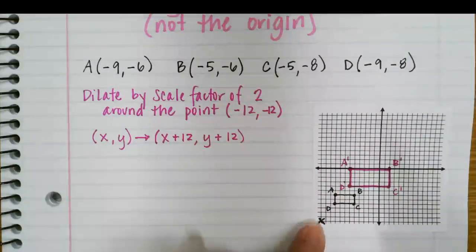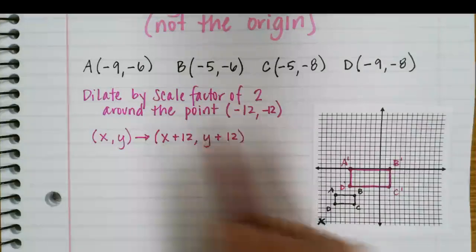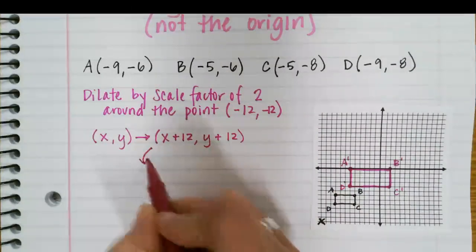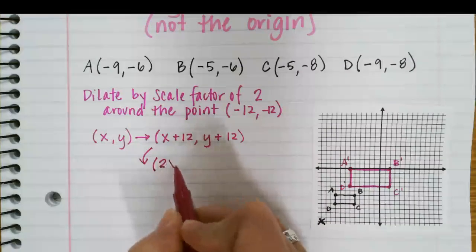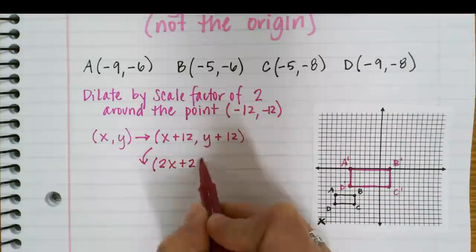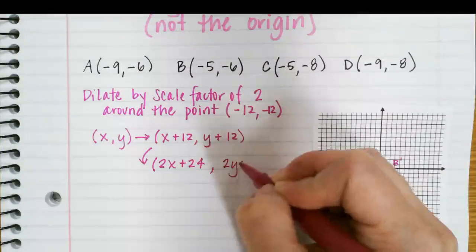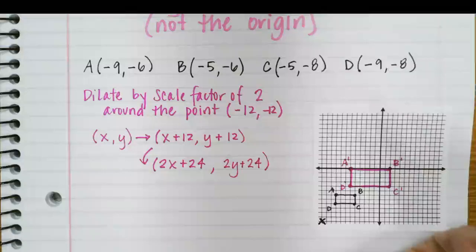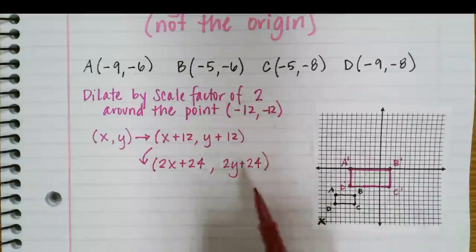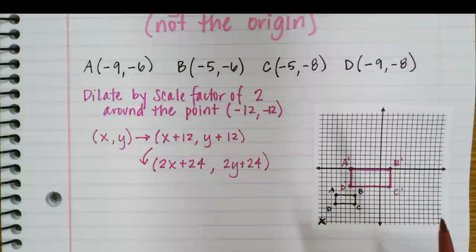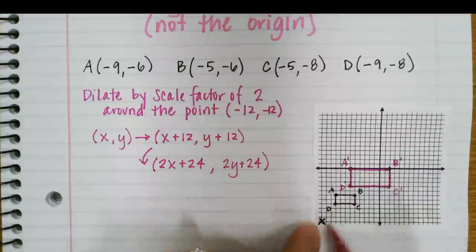All right, so now I'm going to perform the dilation, which was a scale factor of 2, which means this becomes 2x plus 24, and this one would become 2y plus 24, because I'm dilating it by a scale factor of 2, so I have to multiply by 2. Then I need to adjust it back to where it was.